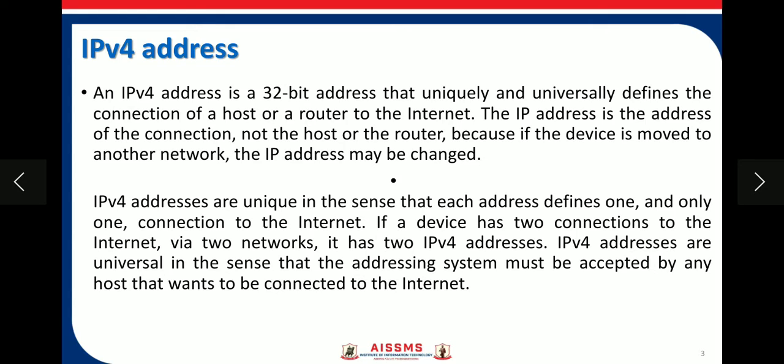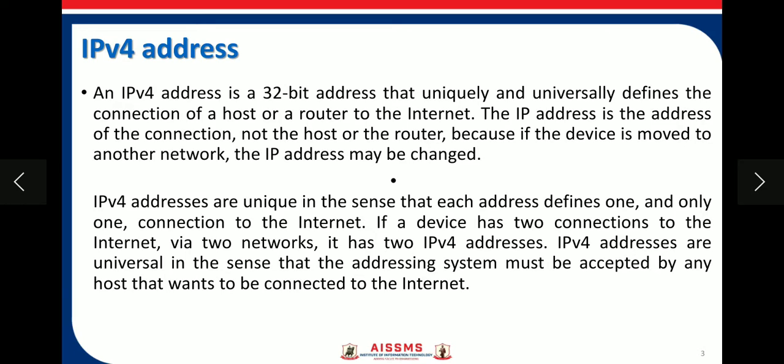Address space. A protocol like IPv4 that defines addresses has an address space. An address space is the total number of addresses used by the protocol. If the protocol uses B bits to define an address, the address space is 2 raised to B, because each bit can have two different values, 0 or 1.